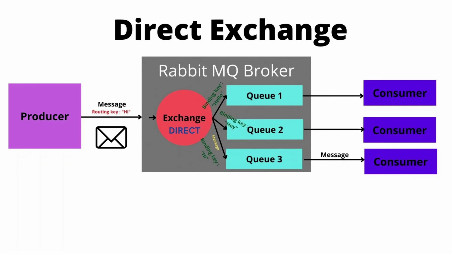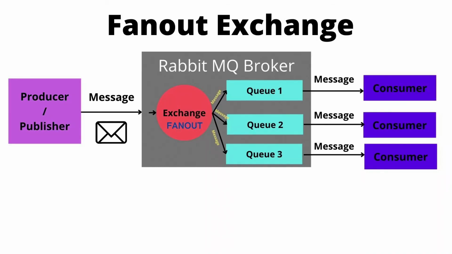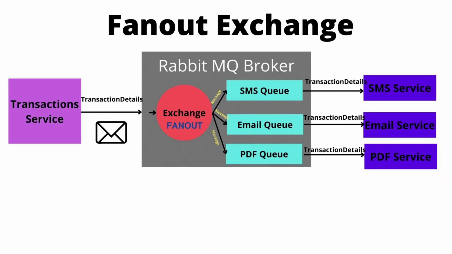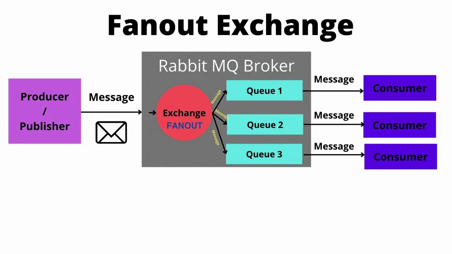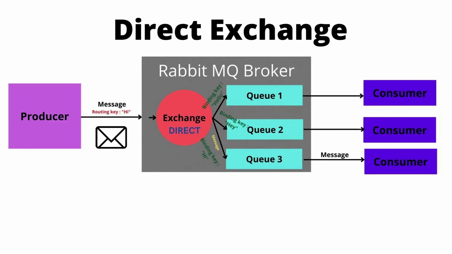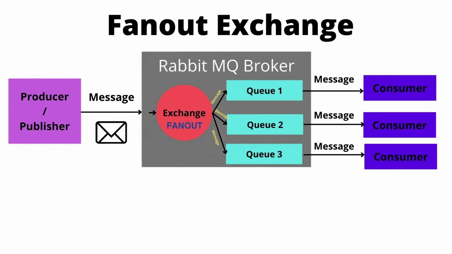One more thing which is worth noting, if you remember the Fanout exchange, here we're not sending a routing key. However, if in your application you had an exchange of type Fanout and you have added the attribute routing key to your message, well, the exchange of type Fanout will just simply ignore that routing key which is provided on the message.